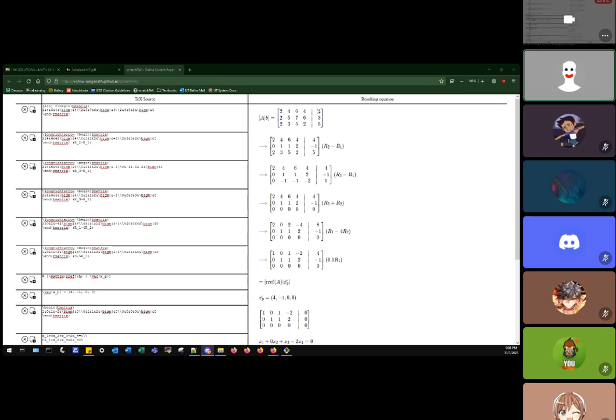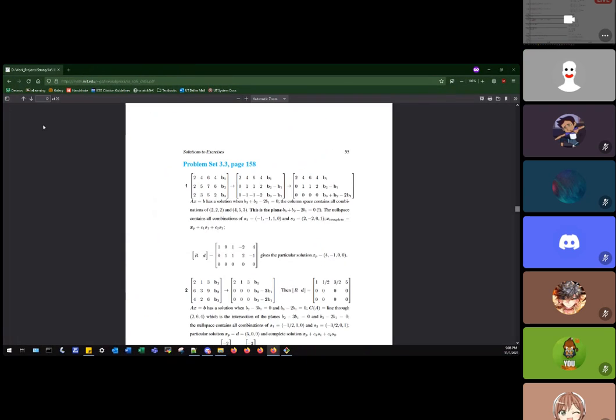I don't think you can augment this matrix. How did they do it? Oh, this is okay. They did the same way as I did.